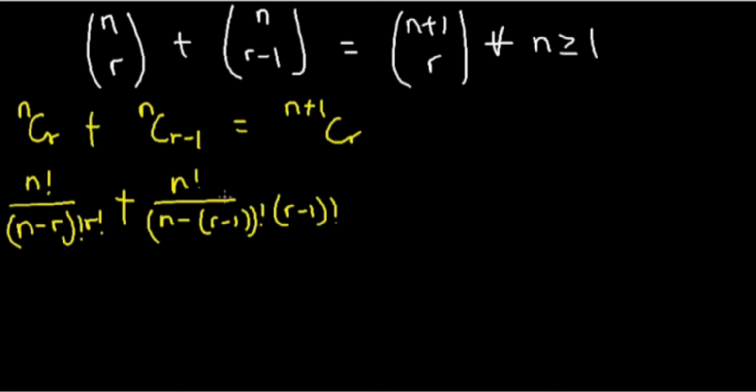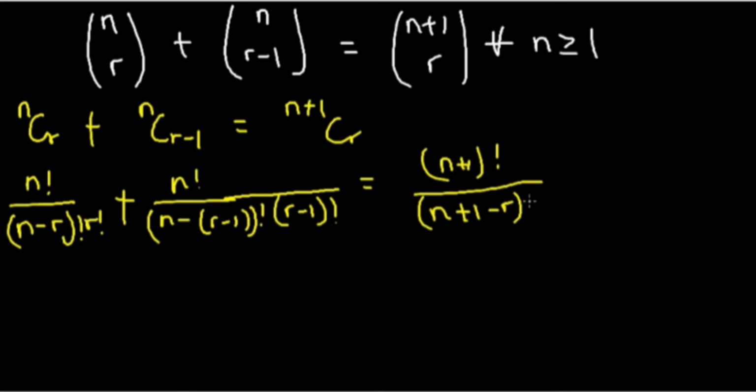When you are doing this topic, this proving, you need to have a very good knowledge of your combination. This side that we're about to prove is N plus 1 factorial over N plus 1 minus R factorial R factorial. I want to prove that these two will give us the same thing at both ends.